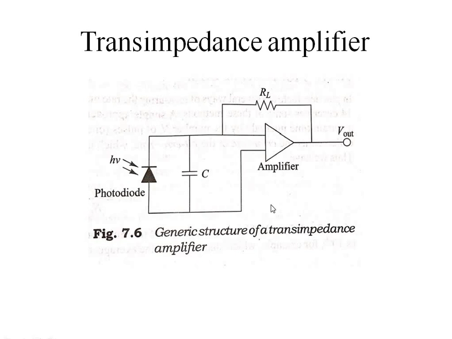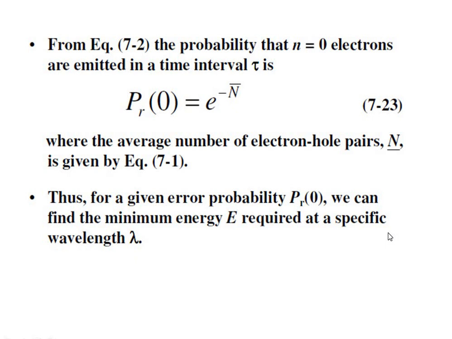Compared to the high impedance design, the transimpedance bandwidth increases by a factor of G plus 1 for the same load resistor. The transimpedance front-end design is the amplifier of choice for optical fiber links.